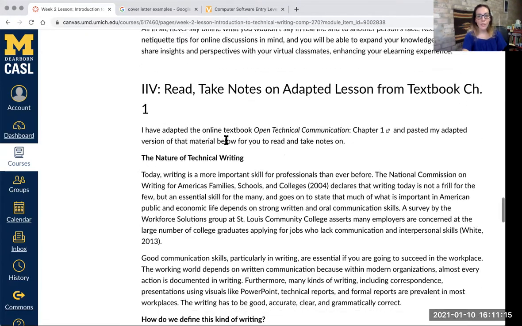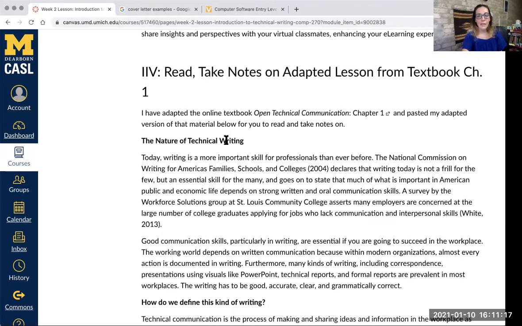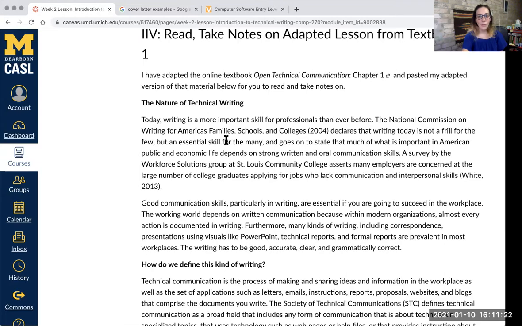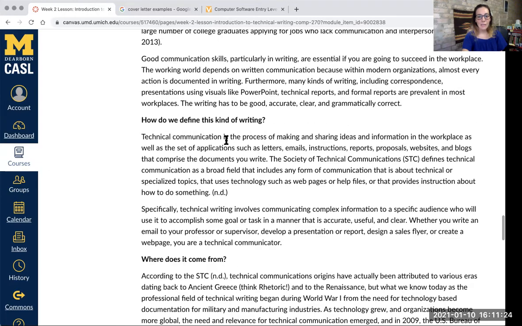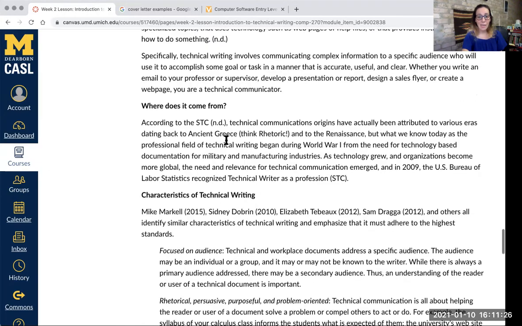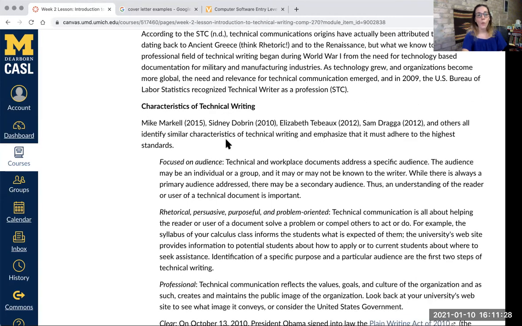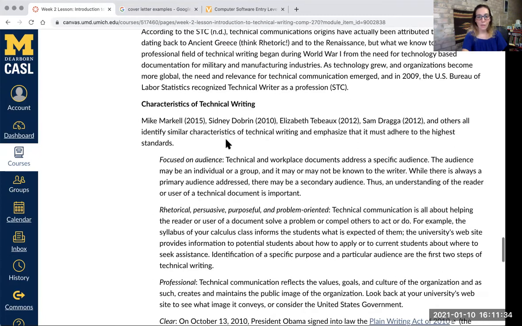And then you want to read and take notes on the adapted lesson for technical writing. Technical writing has some very strict guidelines and characteristics that you want to become familiar with right away, because you're going to be following those starting with week 1.